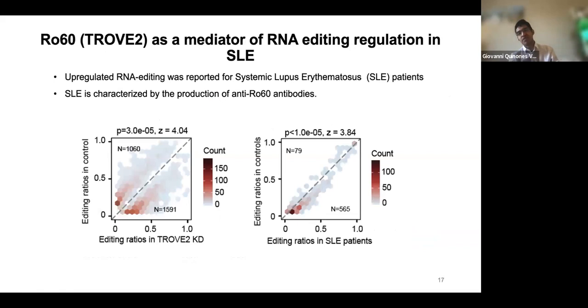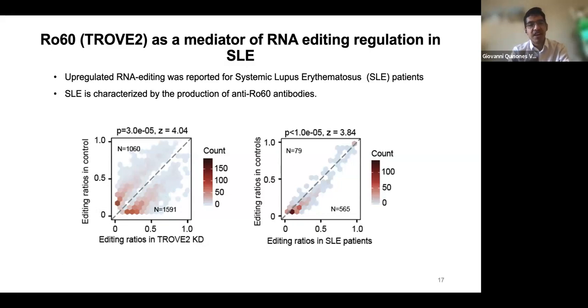An interesting example that we find is TROVE2, which is one of the RBPs that we looked at and is characterized by downregulation of RNA editing.